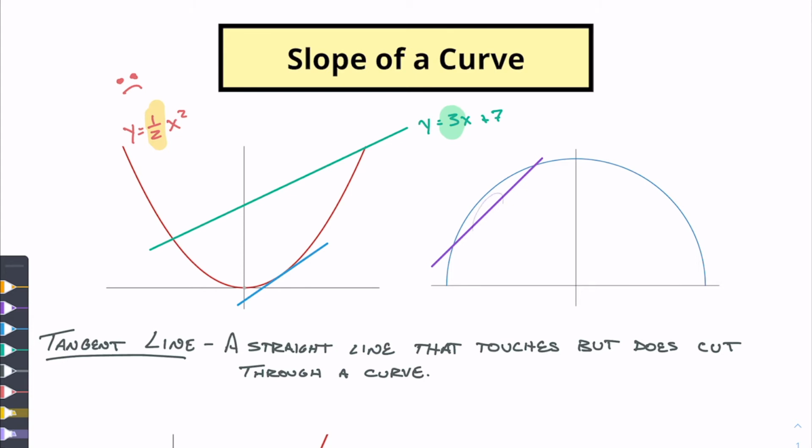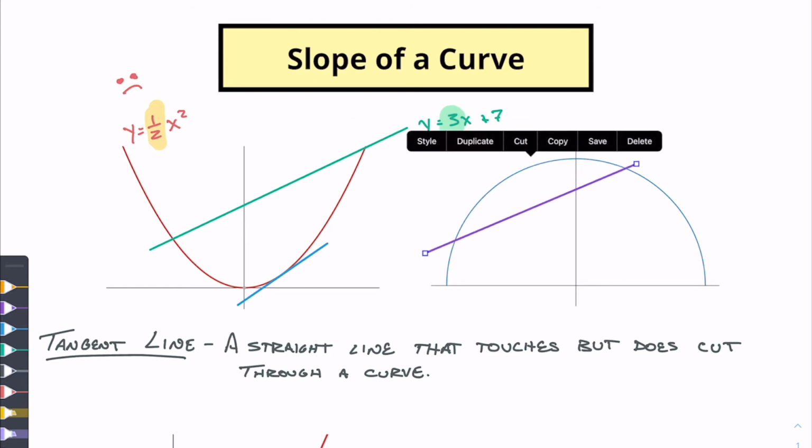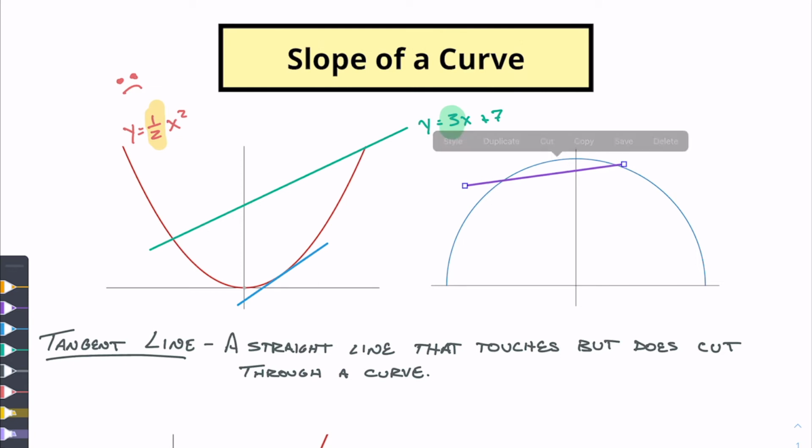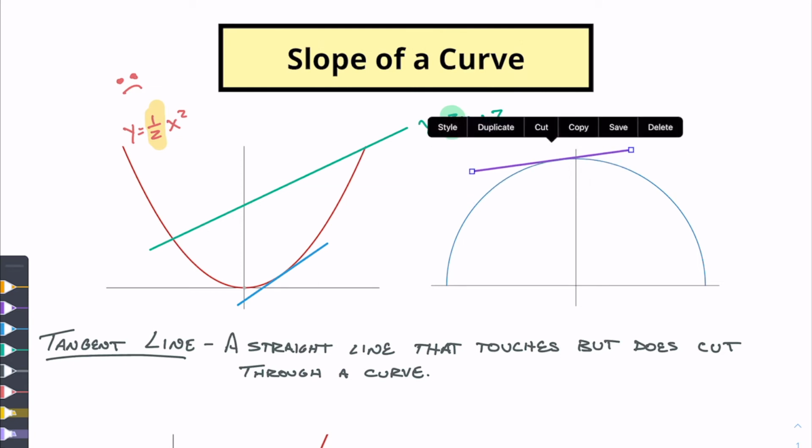But as soon as we start moving this line out here, at this specific spot, if I use this as one of my points, I could find the slope of this line, which would tell me what the slope of this point is. But as we just talked about with our quadratic, as soon as we move this line up here, and we're talking about the curve right there, that's going to be a different slope than what we just had down here.